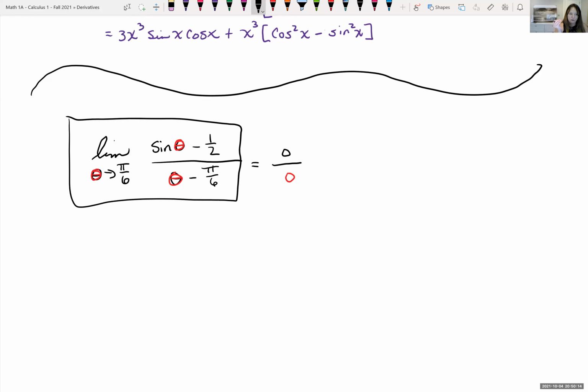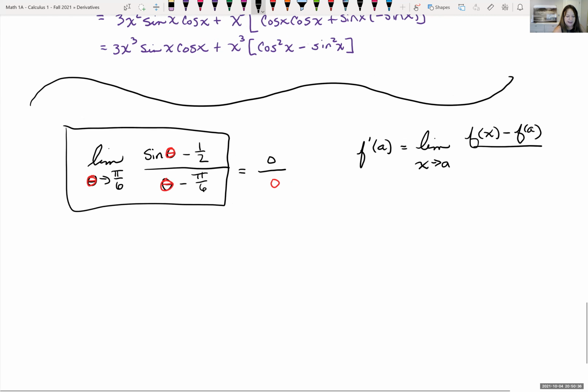We normally didn't look at the derivative in this form, but recall that the derivative of a function at a is the limit as x approaches a of f of x minus f of a, all over x minus a.